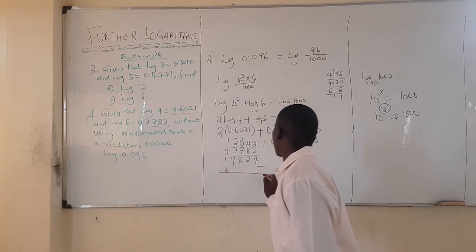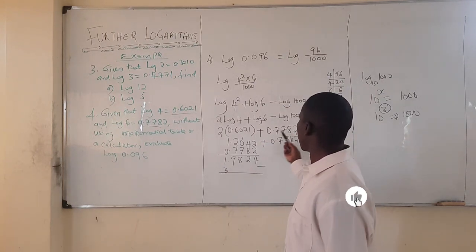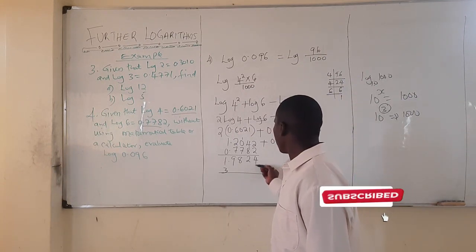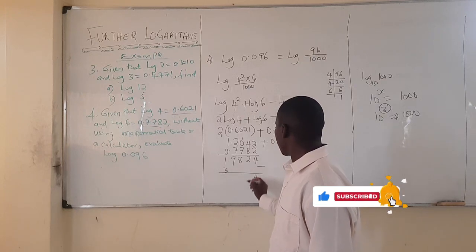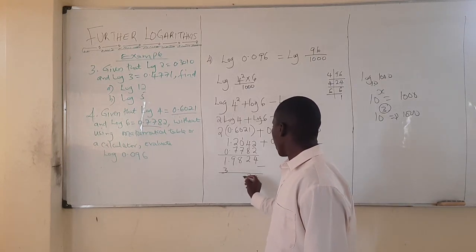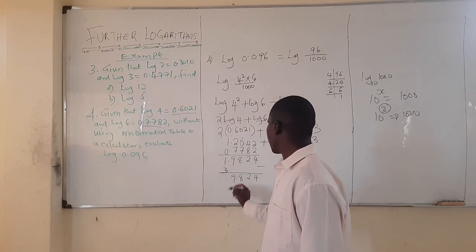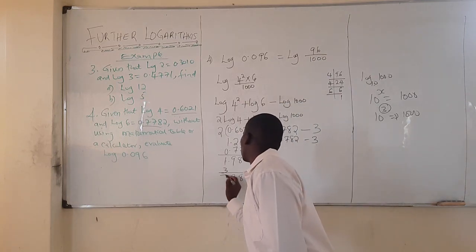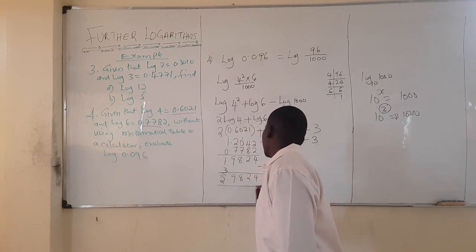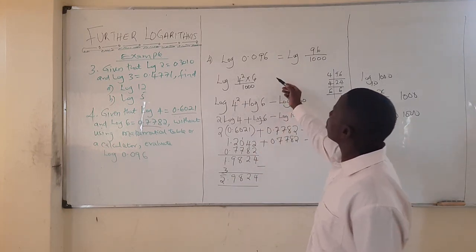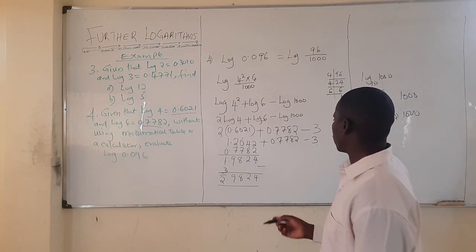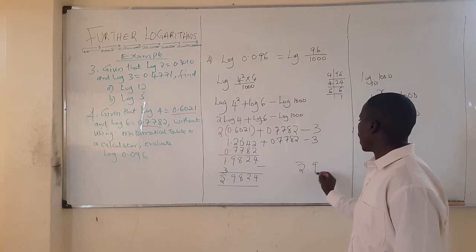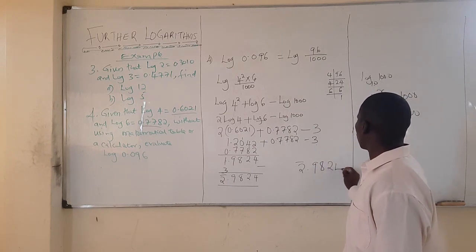This 3 is a whole number, so because these are logs, we write it in that part of the whole numbers. So 4 minus 0, you get 4, and then 2, 8, 9. Then 1 minus 3 in logs, you're going to get bar 2. So that is our answer. The log of 0.096 should be given by bar 2.9824.